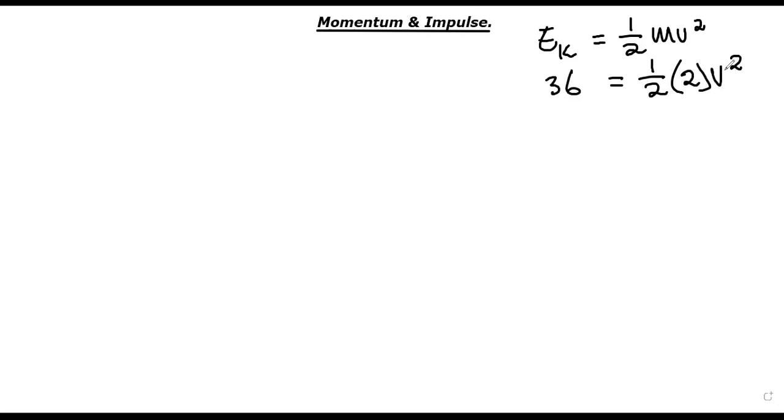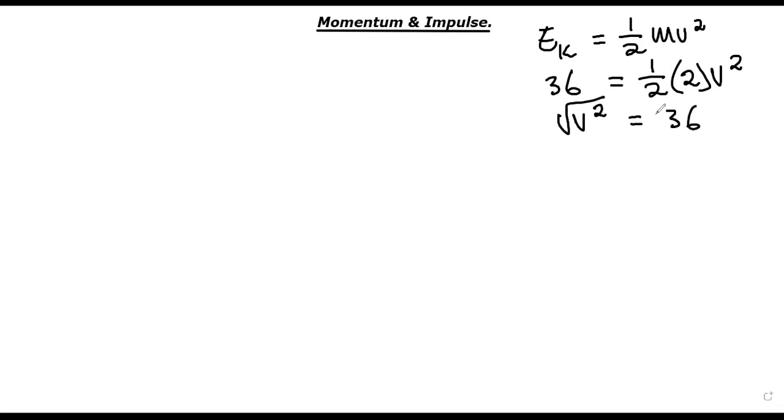So we know that kinetic energy is half mv squared. They told us it's 36 joules. Then we say half into the mass of object Y. They said it's 2 kg. And then we times it by v squared, like that. Now, half times 2, it's just 1. So meaning we have v squared equals 36.